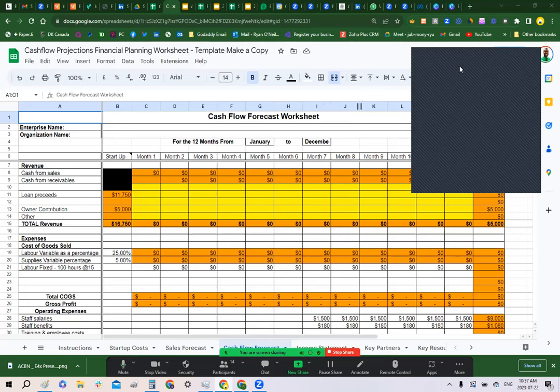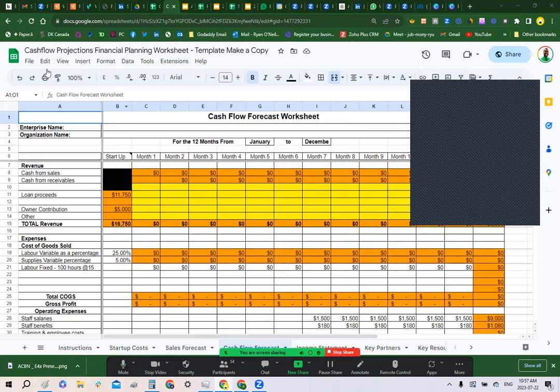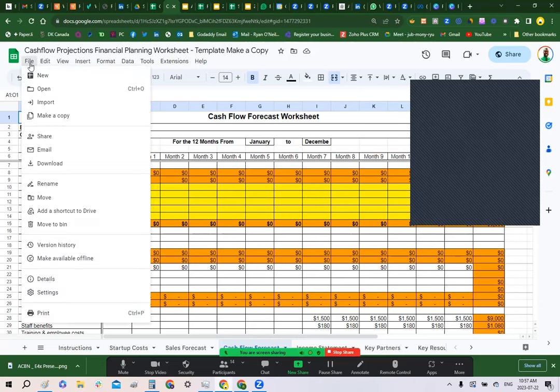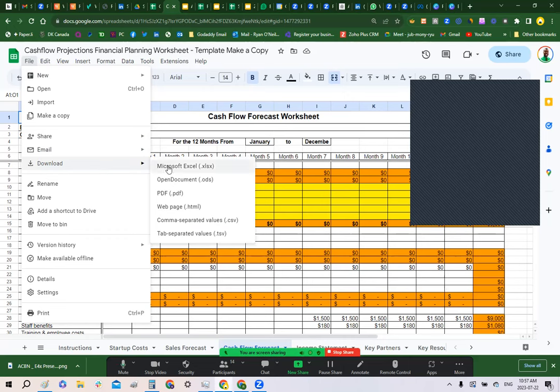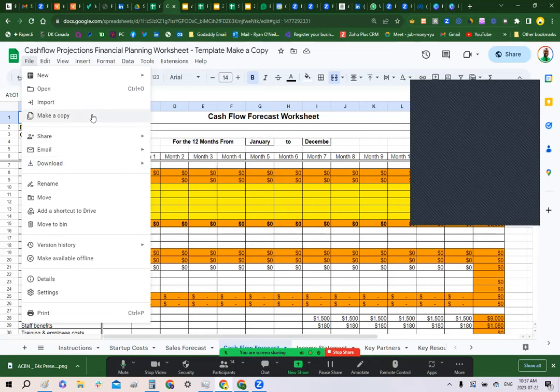And when you come to the spreadsheet, at the top left, you can go to File and either download it as a Microsoft Excel so that you can work on it in Excel, or you can make a copy of it if you want to work on it in Google Sheets.